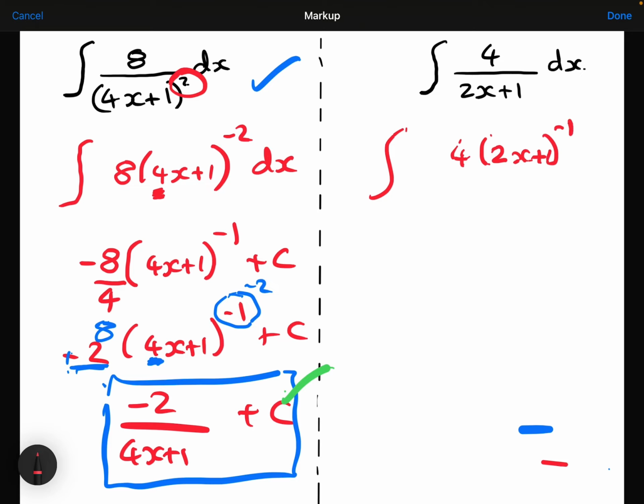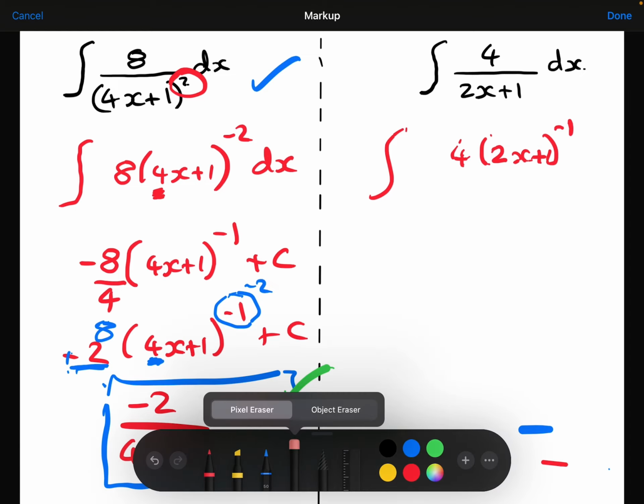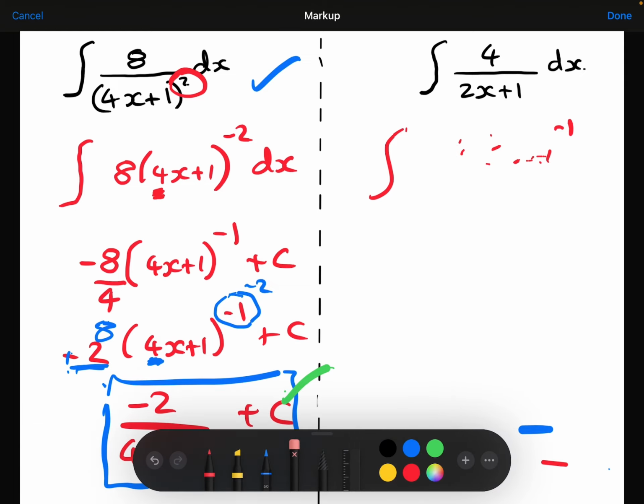That's not how we integrate this function. Remember that in order to integrate, and we should hopefully remember this from the last lesson, if I'm integrating 1 over x, I do that with a logarithm. So just remember, if the denominator doesn't have a power, we use a logarithm to integrate that.